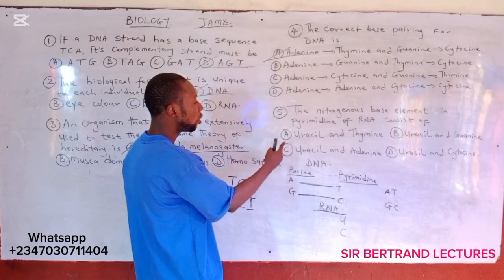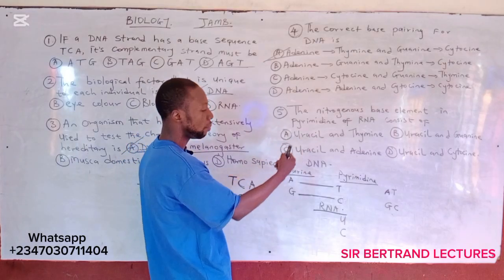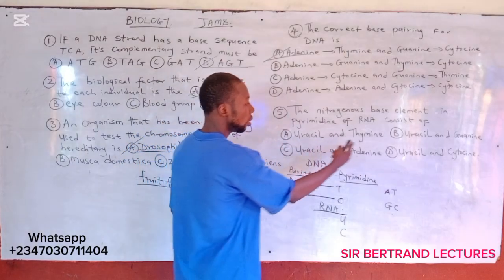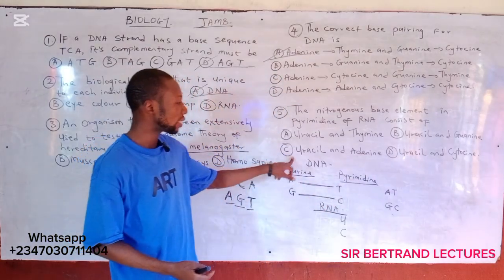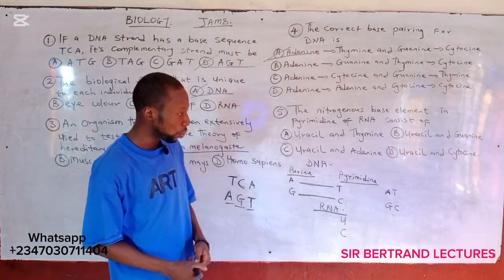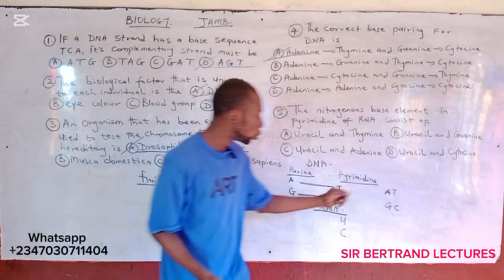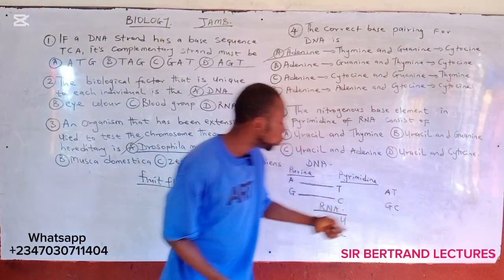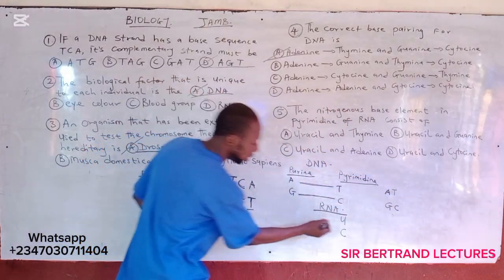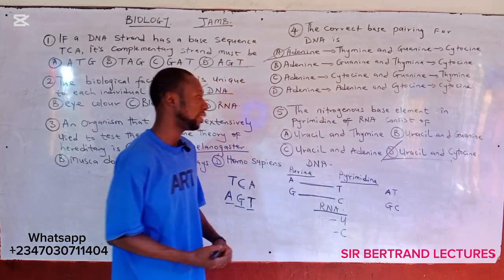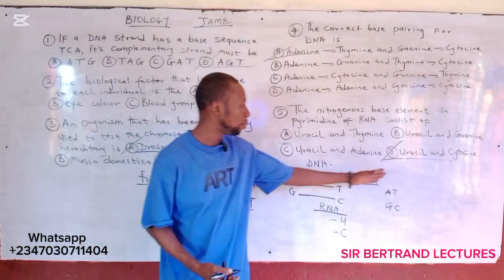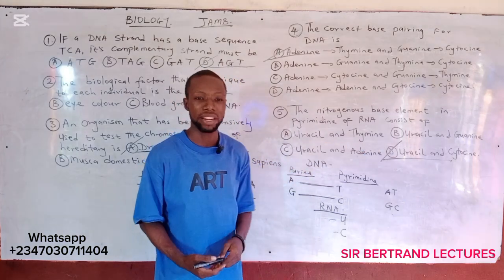Option A, uracil and thymine, is wrong. Uracil and guanine is also wrong. Uracil and adenine is wrong. Option D is uracil and cytosine, and that is the correct answer, option D. These are the bases we have in the pyrimidines.